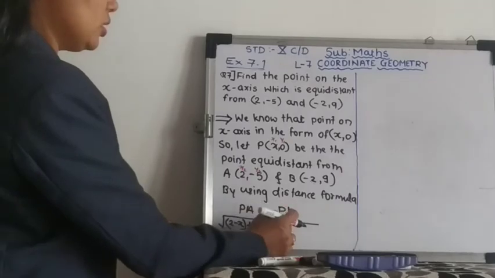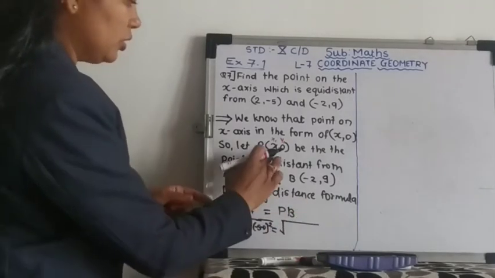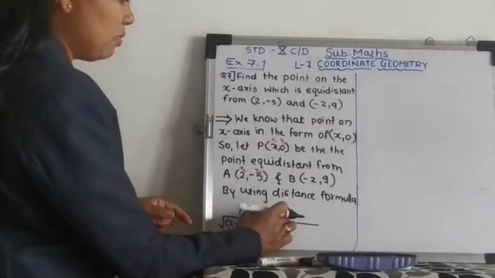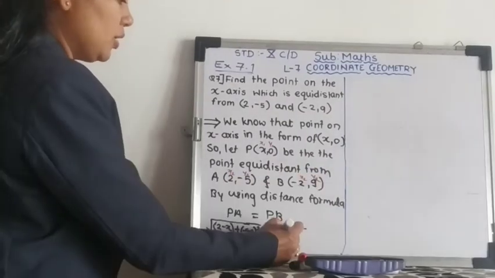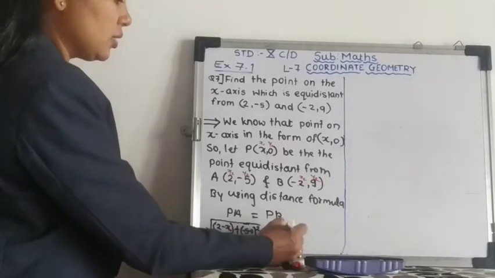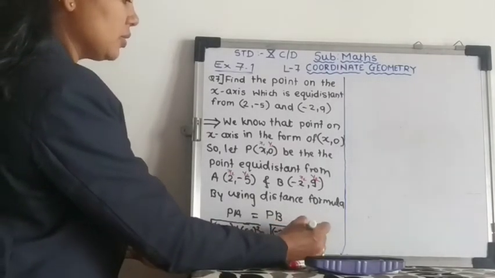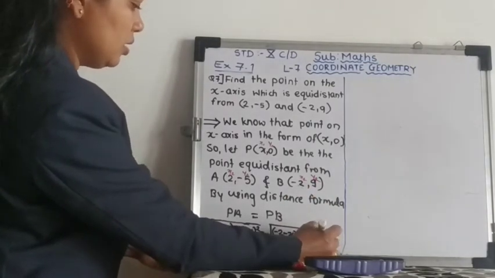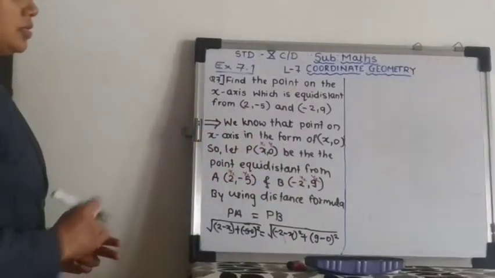Equals to, this for PB we will write now. For PB, again this one will be the x1, y1 because P is the first one and B is the second, so it will be your x2. So minus 2 minus x, bracket square, plus 9 minus 0, bracket square, y2 minus y1.